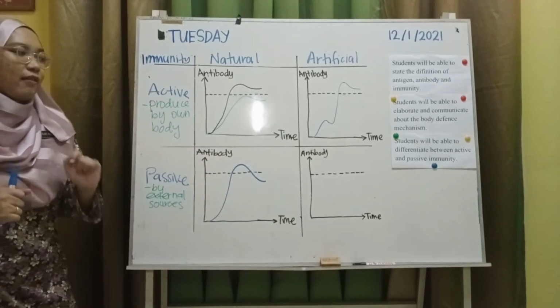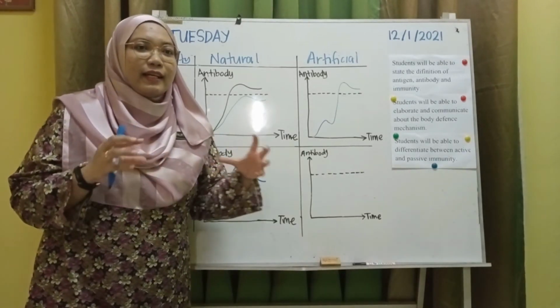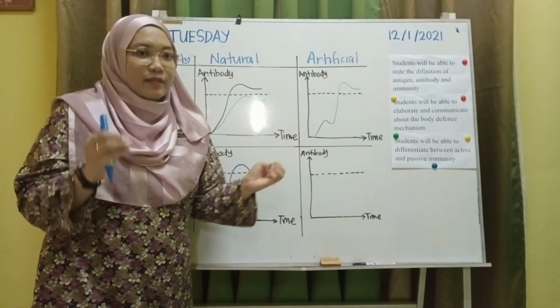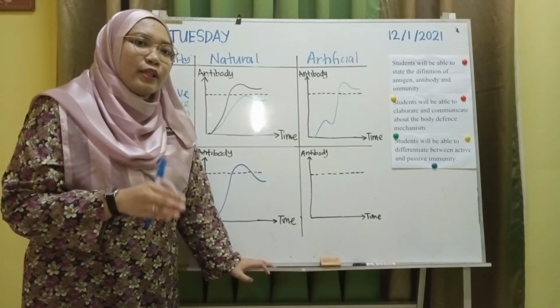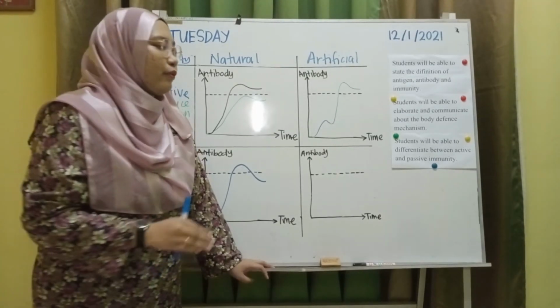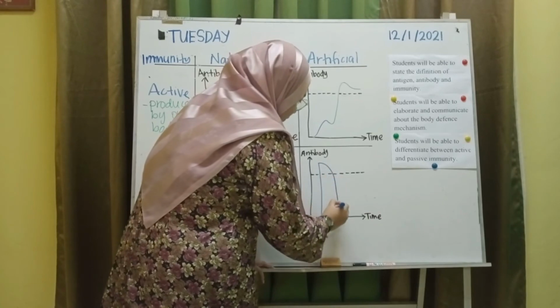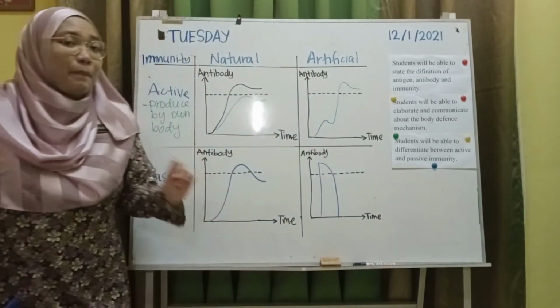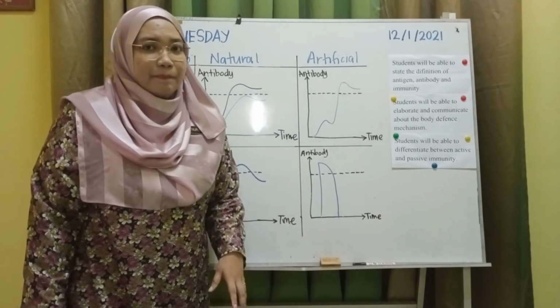That antiserum shot contains the antibody to fight specifically against the poison of snakes. So, when you get that shot, your antibody concentration will rise rapidly. Oh, it's so high, teacher. Yes, but it will also decrease rapidly over time.